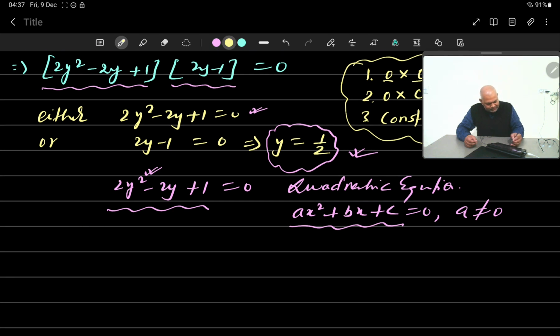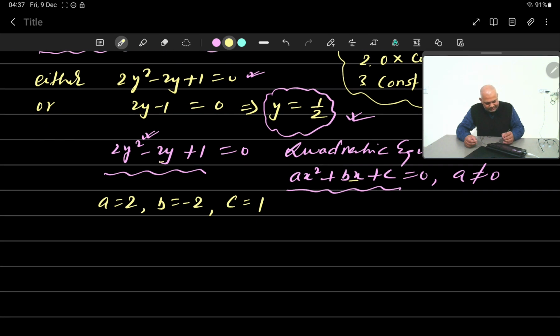The coefficient of x squared here, a equals 2. The coefficient of x, if you compare, b equals minus 2, and the coefficient c equals 1. So my dear friends, the discriminant D of this quadratic equation is nothing but b squared minus 4ac.